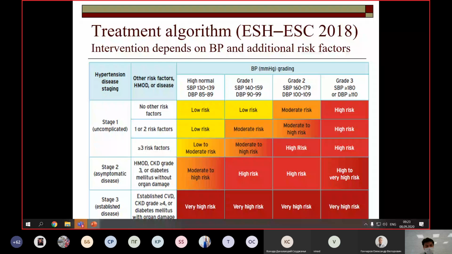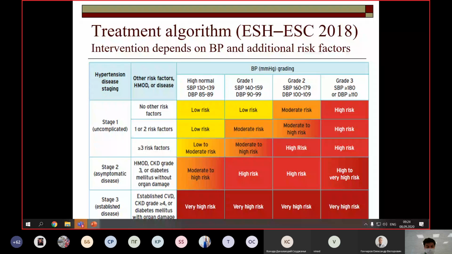For instance, if your patient has been qualified as an individual with stage 1 without any complication and without other additional cardiovascular risk factors, and the BP of this patient, measured at home and at the visit to your office, is systolic 135 and diastolic 85, for instance, this patient might have low risk.